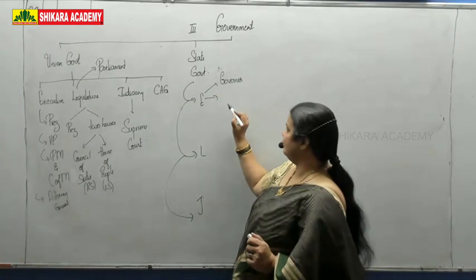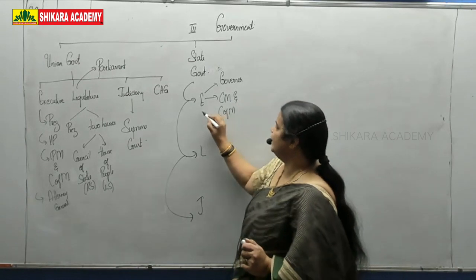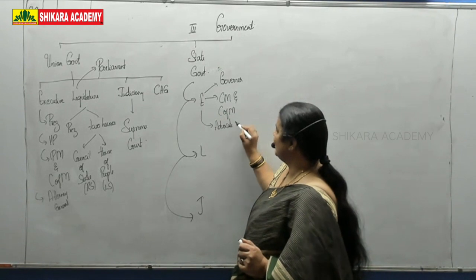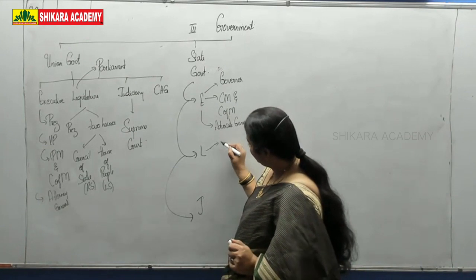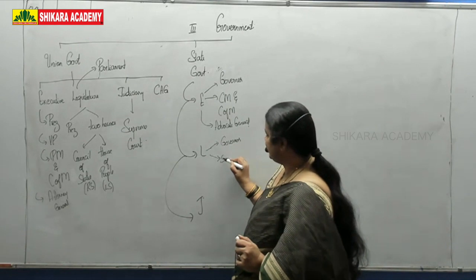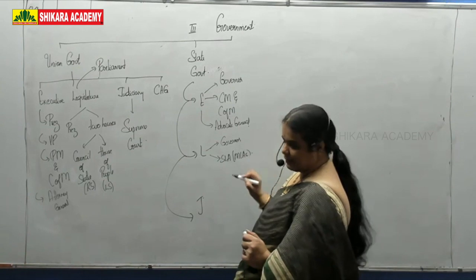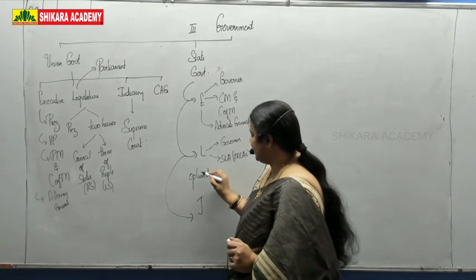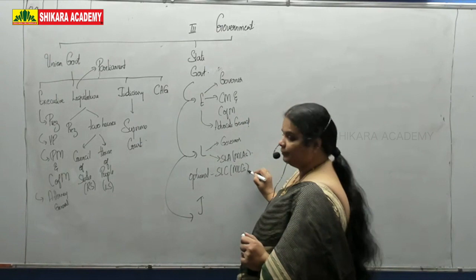So we will have the CM and Council of Ministers, and in place of the AG, we again have an AG, who is called the Advocate General. In legislature, you must have the Governor and the State Legislative Assembly, whose members are called MLAs. You may have, optional and not compulsory, the State Legislative Council, whose members are called MLCs.